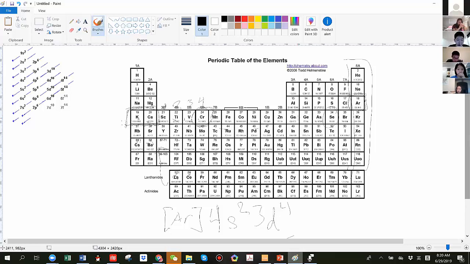We start from argon, and then we do the 4s2, then we fill the 3d here, then we have 4 p electrons here. Okay, now let's do a hard one. I think y'all are starting to get this.